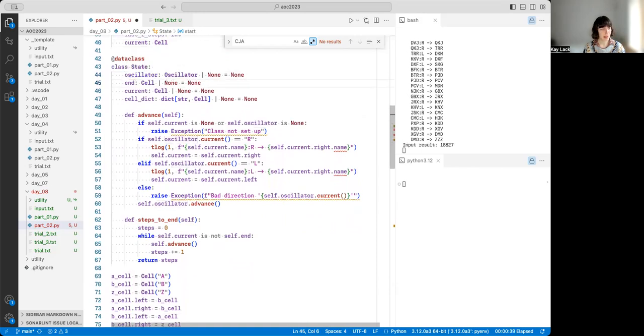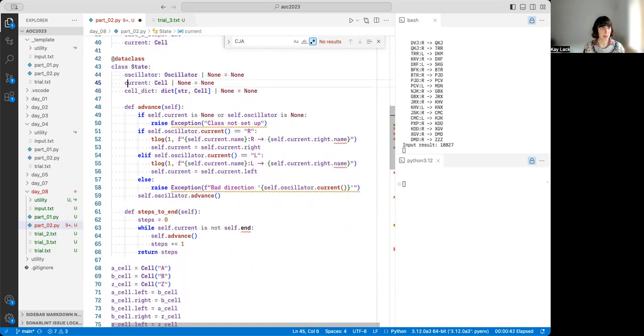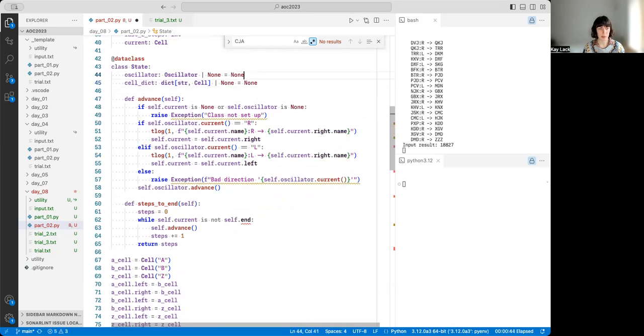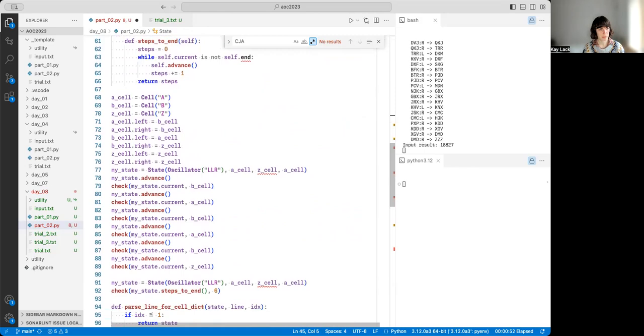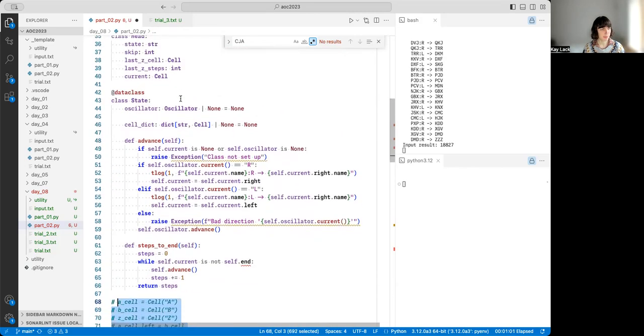Still going to have an oscillator. It's not going to have a start or an end. Current. We'll still need that. These tests are going to need to be rewritten.